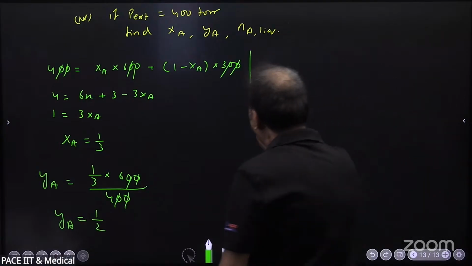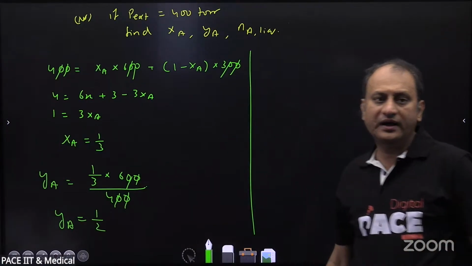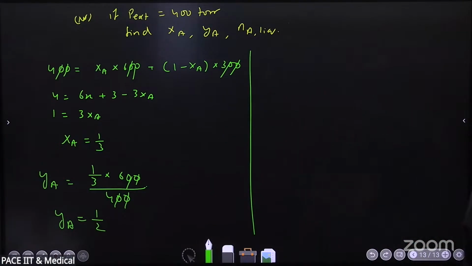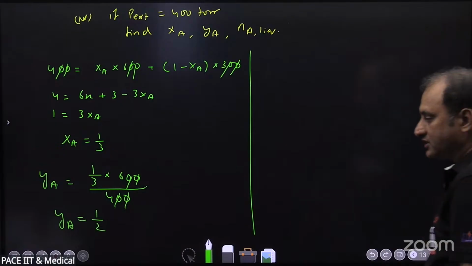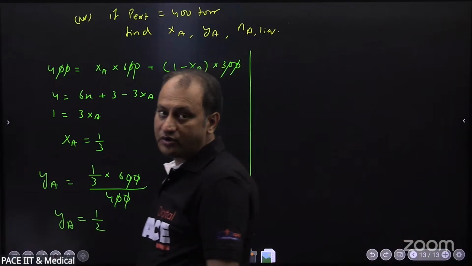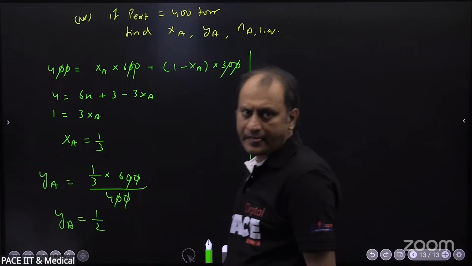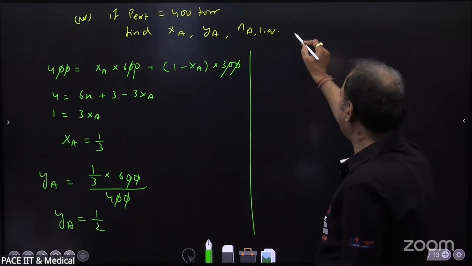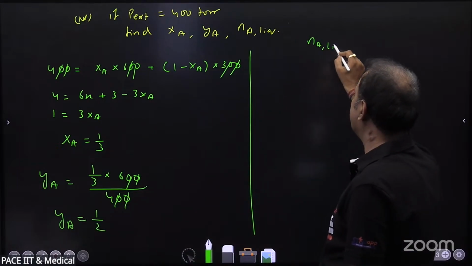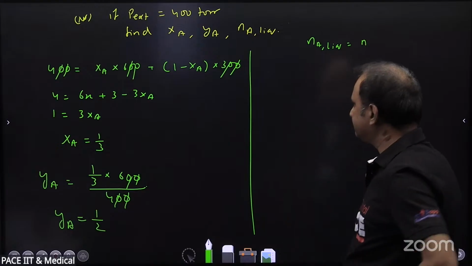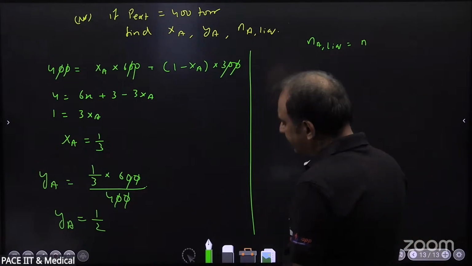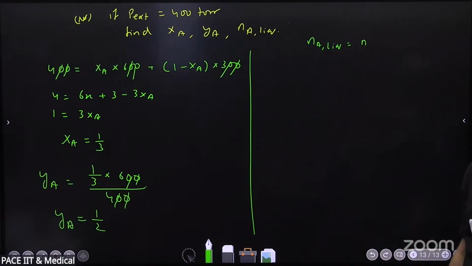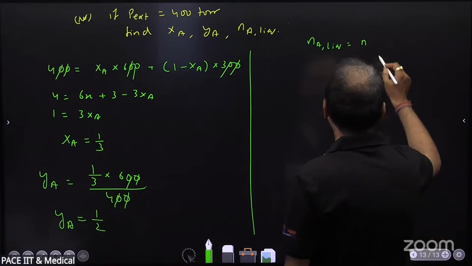And then I also have to find how many moles of A are in liquid. Initially there were 4 moles of A. So let's say moles of A in liquid form I assume is N1.